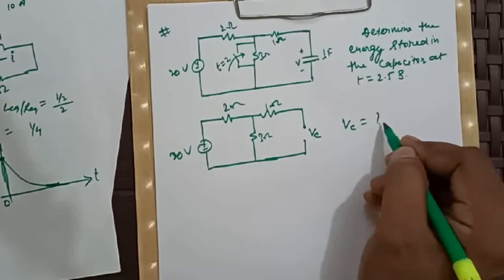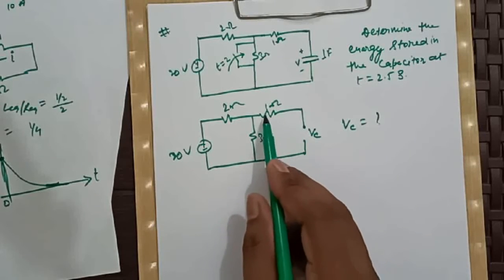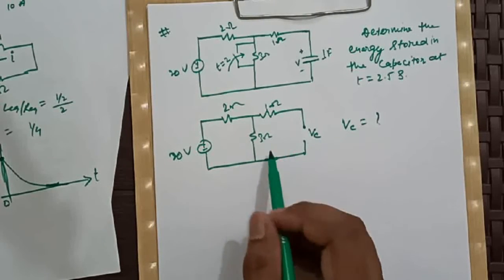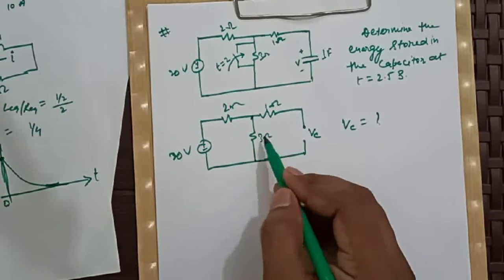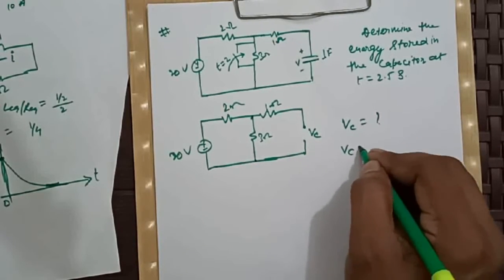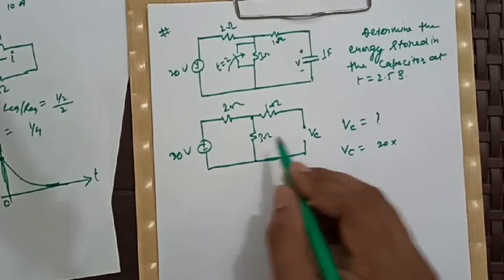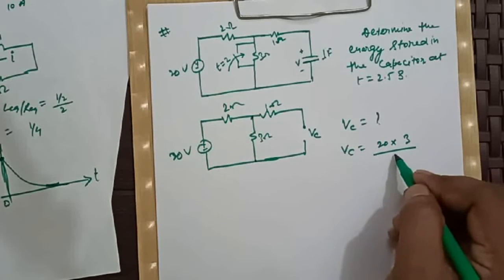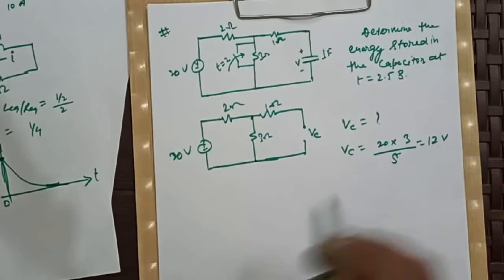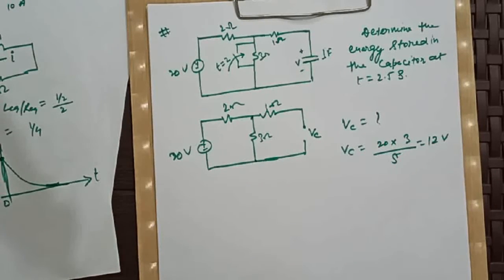So VC will be what? Since no current will go through this, VC will be nothing but the voltage across this 3 ohm. So VC will be 20 into 3 by 5, which is nothing but 12 volt, right?